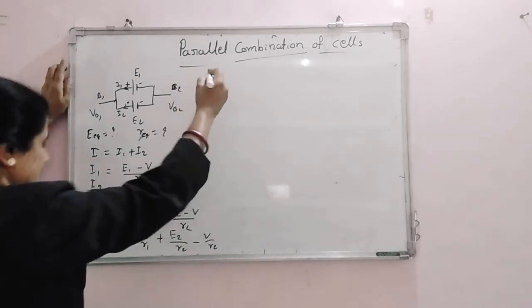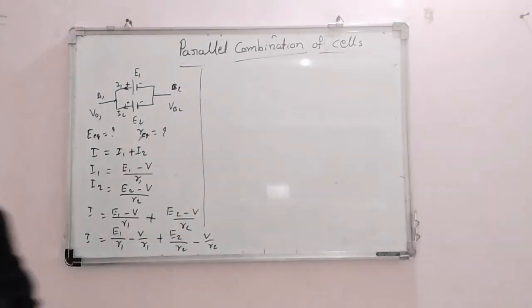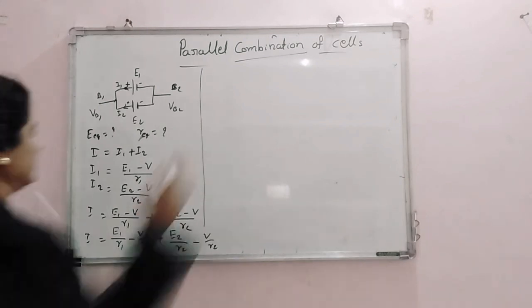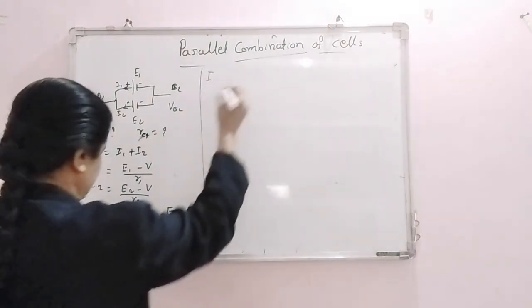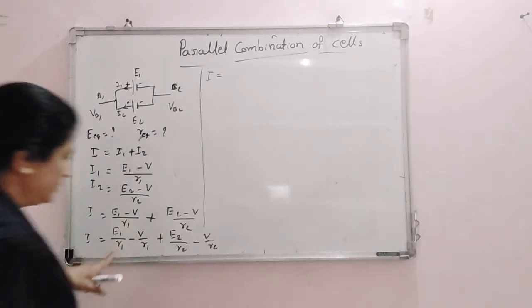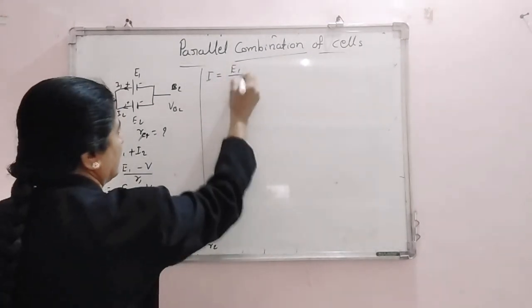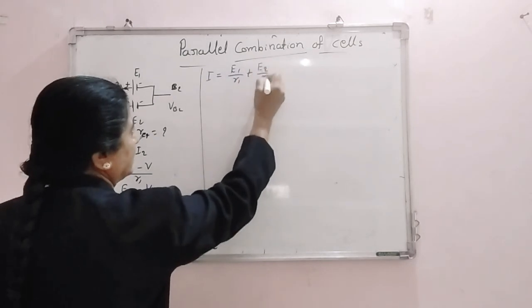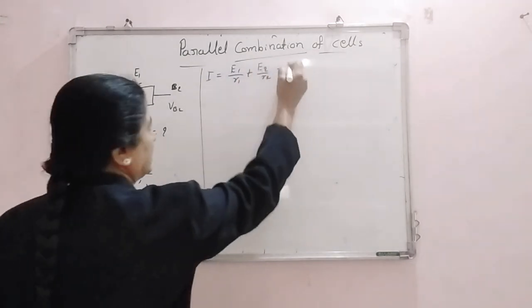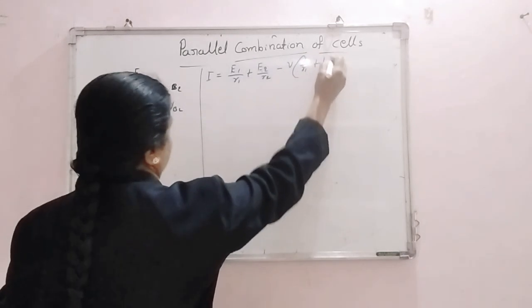By simplifying this, I is equal to, taking V common, E1 upon R1 plus E2 upon R2 minus V into (1 upon R1 plus 1 upon R2).